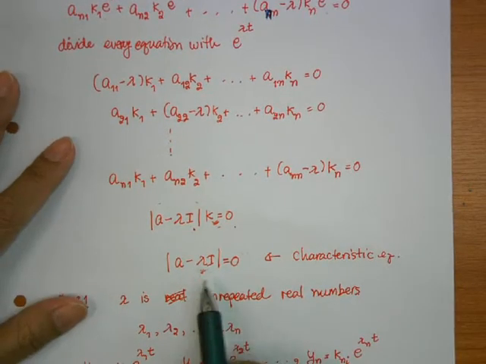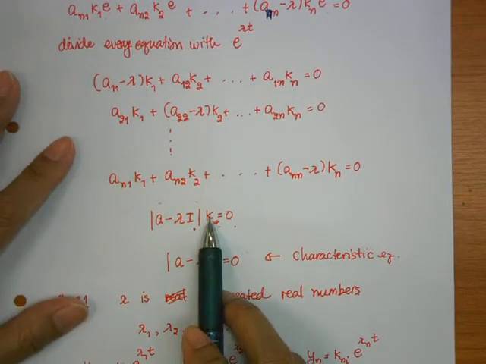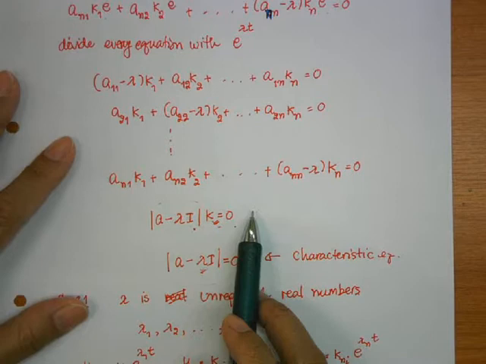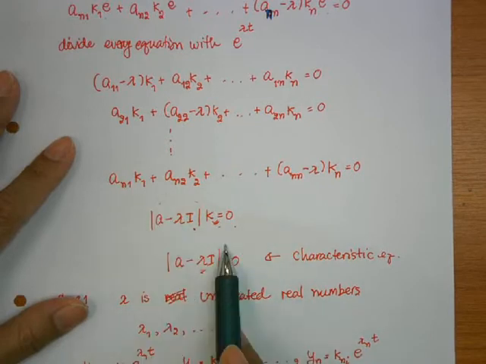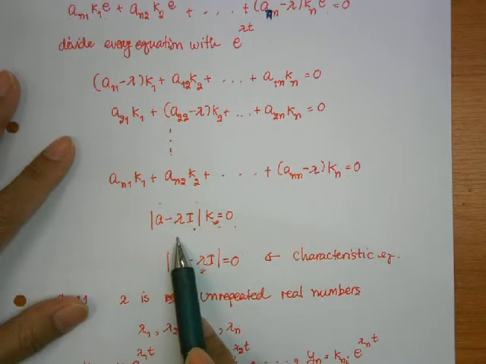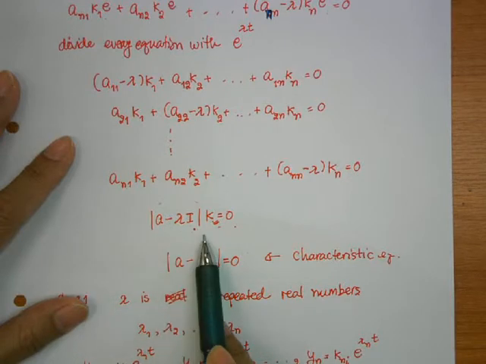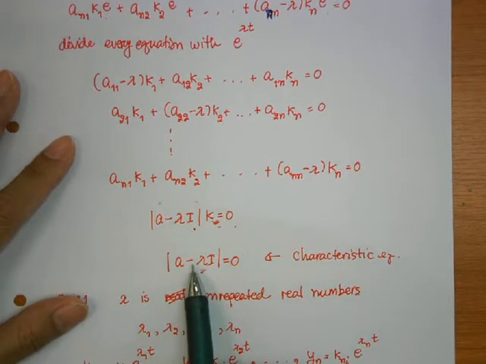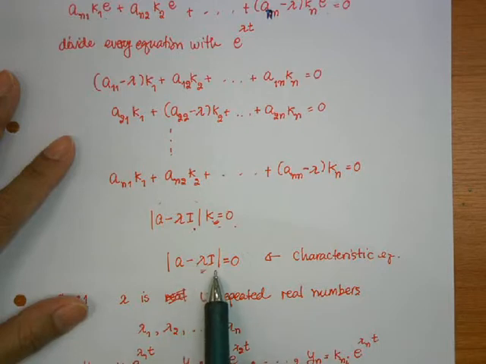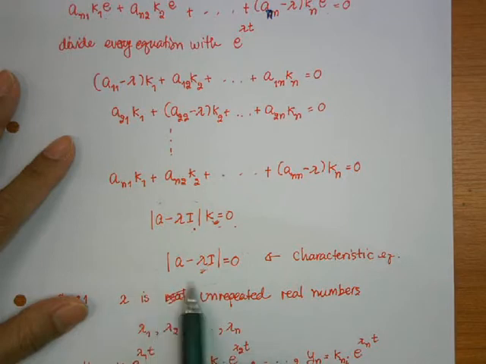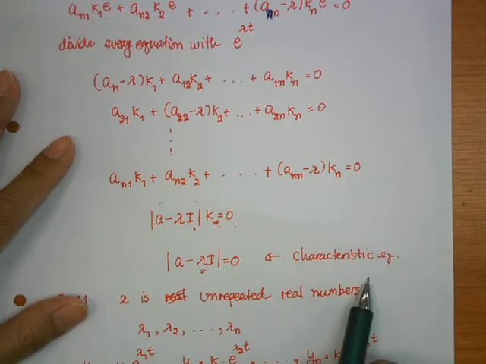So in order to make this statement true with nontrivial k, the only term that can be 0 is the determinant of A minus lambda I. And this will be our characteristic equation.